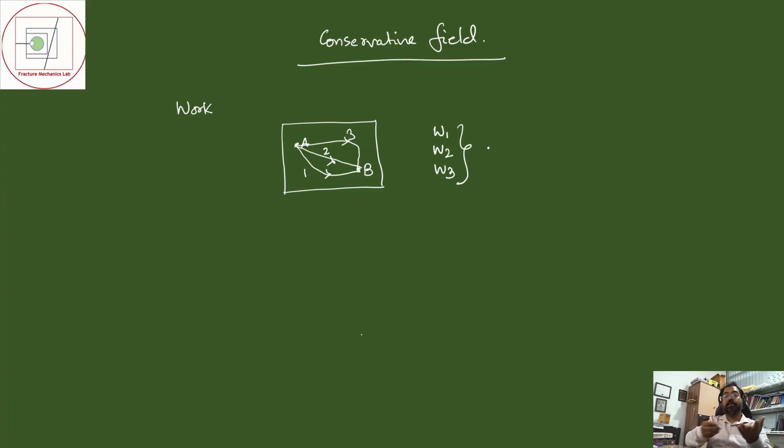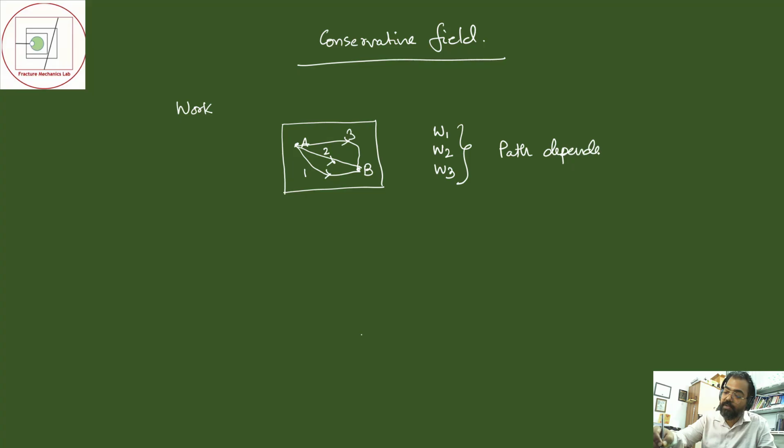You can imagine that because when you are scratching on a longer path, you are going to scratch the surface more. So therefore, the amount of heat generation, the amount of wear to the thing from which you are scratching is going to be more, and therefore more work is being done when you take a longer path. Okay. So in this case, what we can say is that work is path dependent.